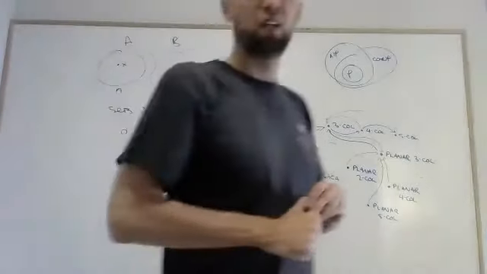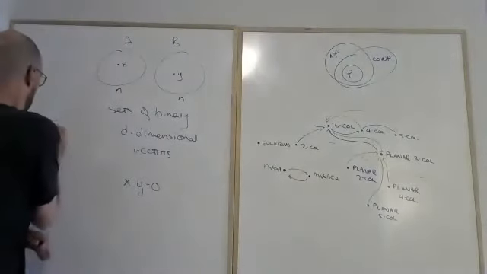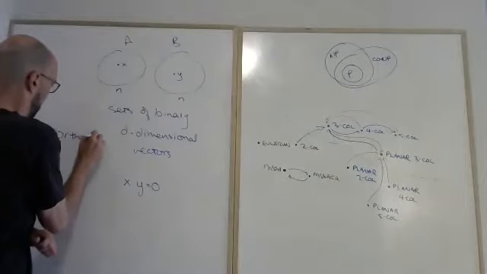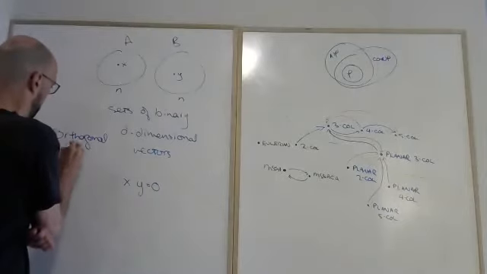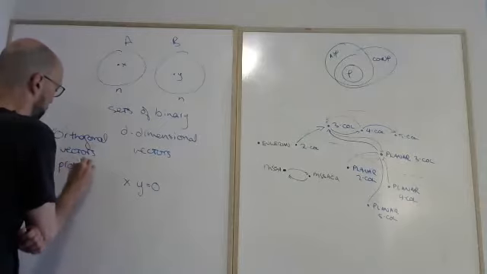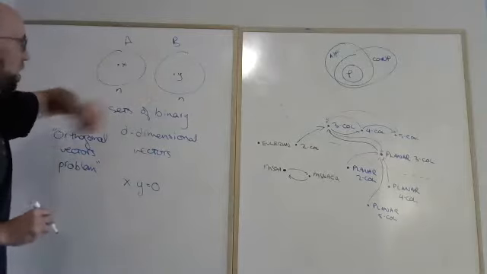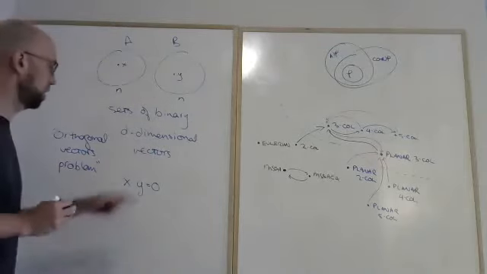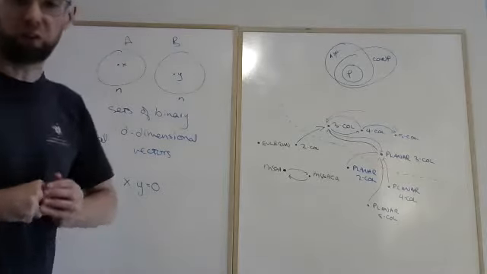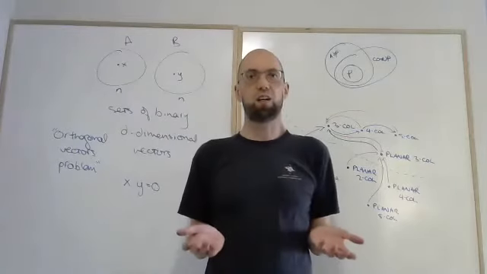So this is the orthogonal vectors problem: is there an x in A and a y in B such that x dot y is 0, x and y are orthogonal? Well, you can do that in basically quadratic time, right?